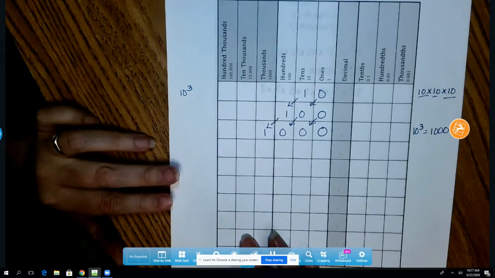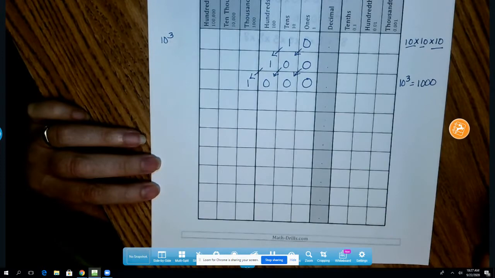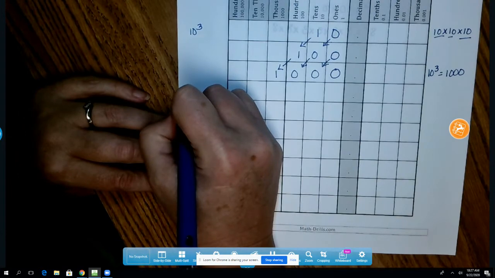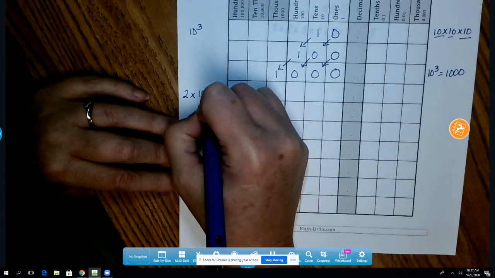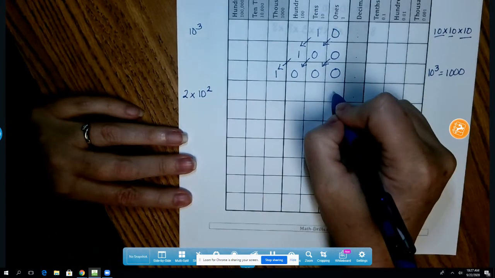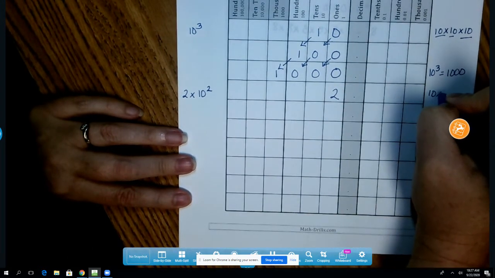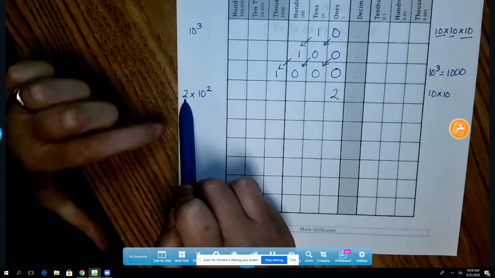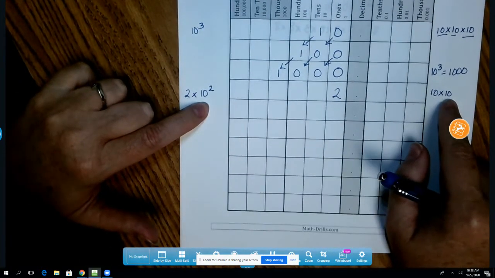So let's say that I am multiplying a number times an exponent. Let's say that my problem is 2 times 10 to the 2nd power. Okay, so what I'm really saying is 2 times 10 times 10, because I have my 2 just right here, and then 10 to the 2nd power, 10 times 10.